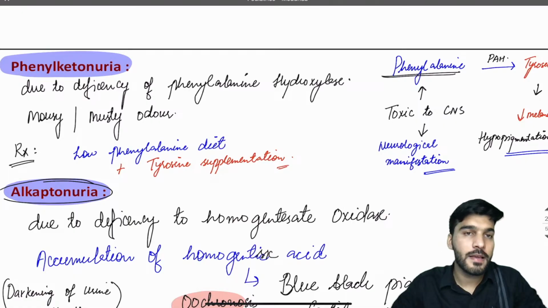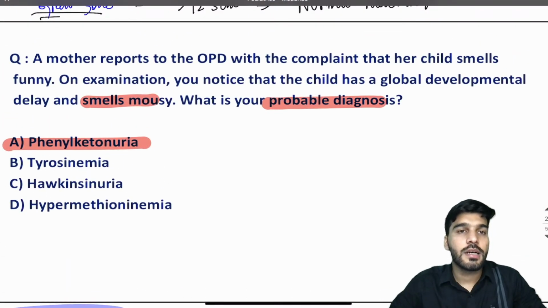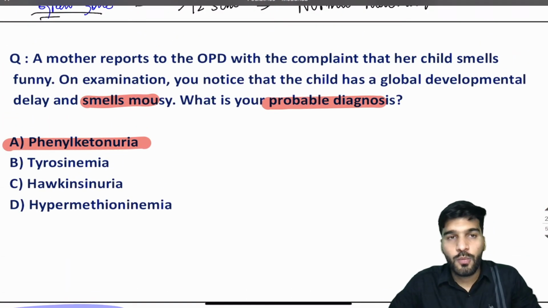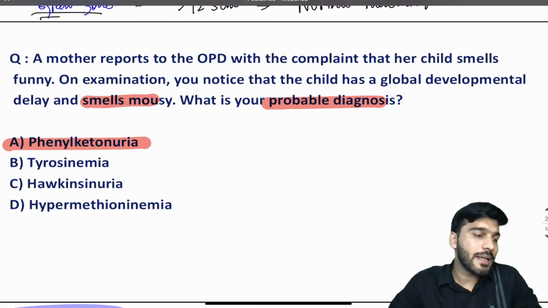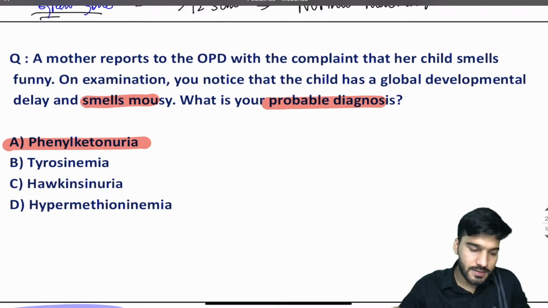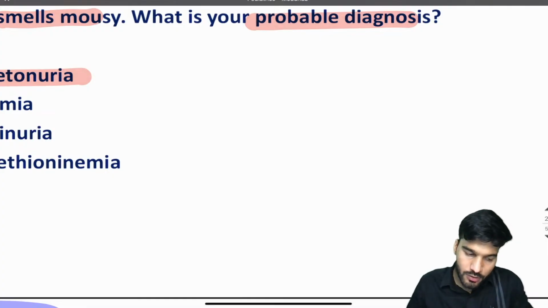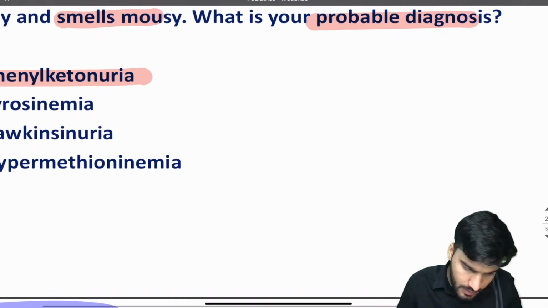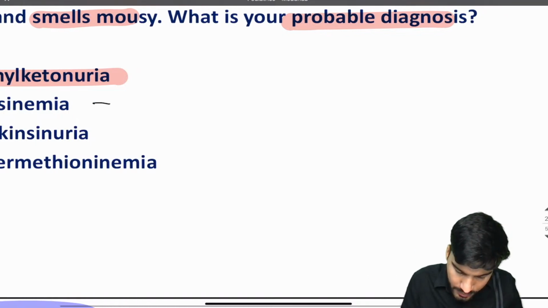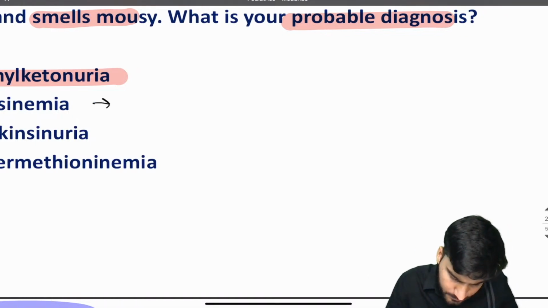Is that clear? Yes. So remember, the mousy odor smell with global developmental delay is going to be phenylketonuria. Okay, now other things, guys, if we talk about tyrosinemia, the body odor is boiled cabbage odor.